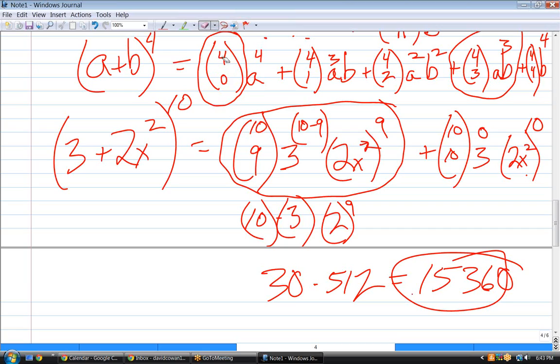In the first case, R is 0, but it's the first term. So you have to add 1 to R. So we wanted the 10th term, so R is 1 less than that, so R is 9, so it's this number choose 9.